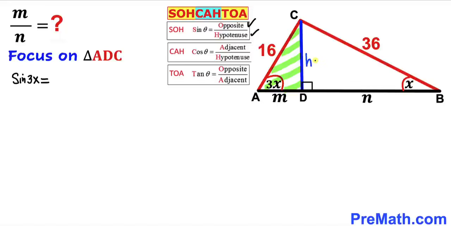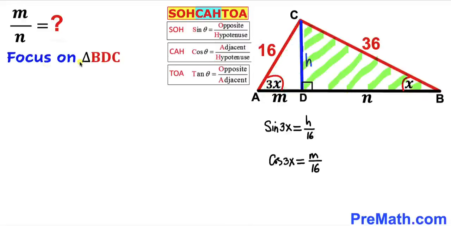In our case, the opposite is h and the hypotenuse is 16, so this becomes h divided by 16. Cosine of 3x is equal to adjacent divided by hypotenuse. Our adjacent is m and our hypotenuse is 16, so that gives us m divided by 16.